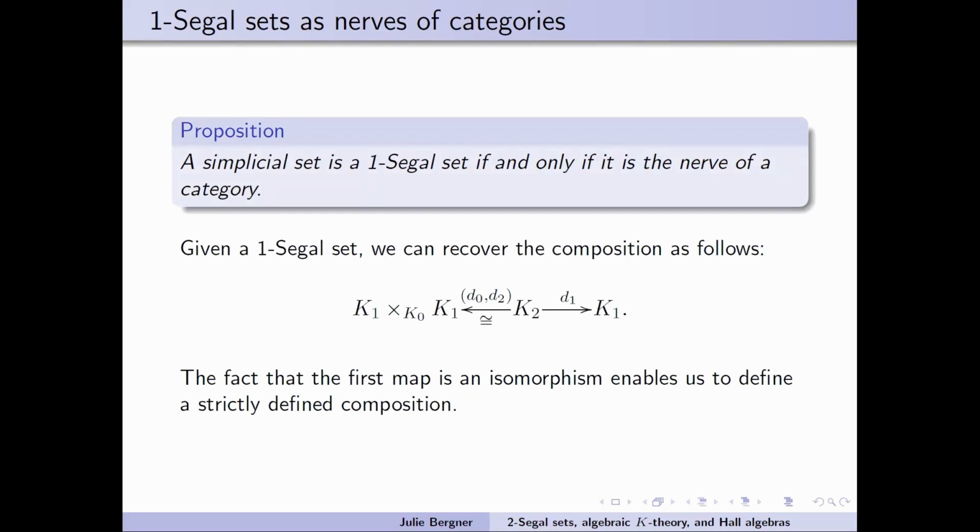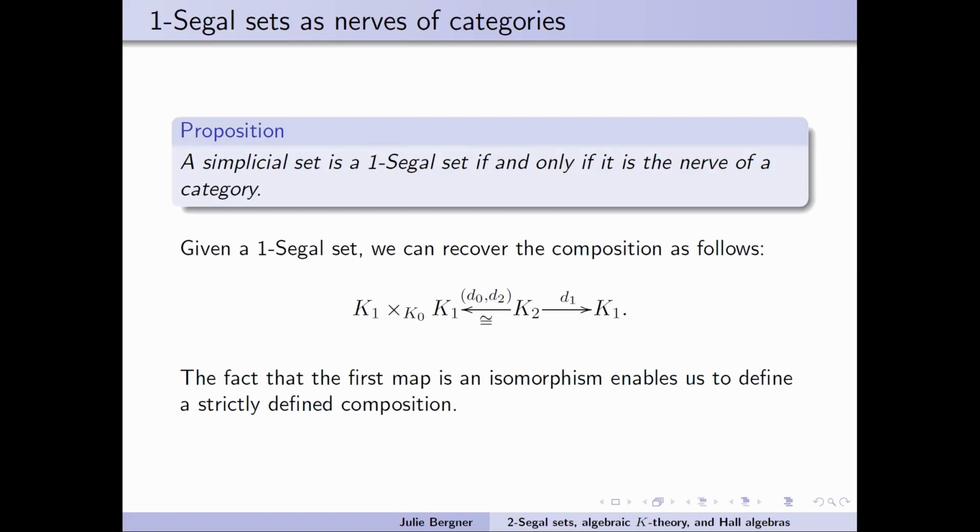You say, all right, well, K0, that should be my object set, K1 should be my morphism set, and if I want composition, well, I know that K2, the set of two simplices, is isomorphic to this pullback of K1s along K0 via the maps D0 and D2. And, well, what's a composition? I need something in that pullback, a pair of morphisms that agree on an object, and I need to produce another morphism.